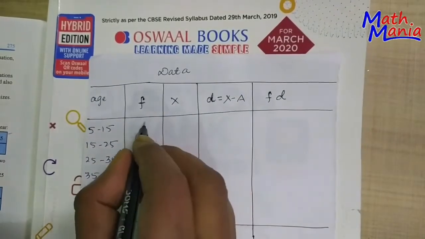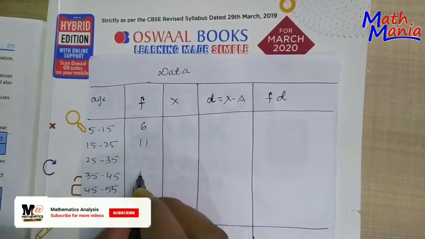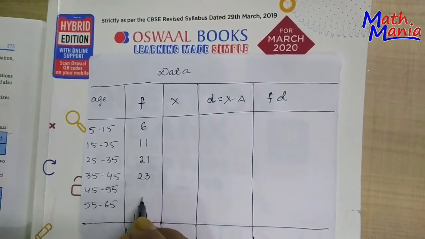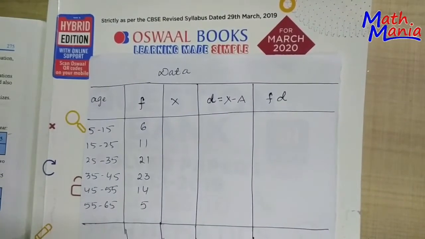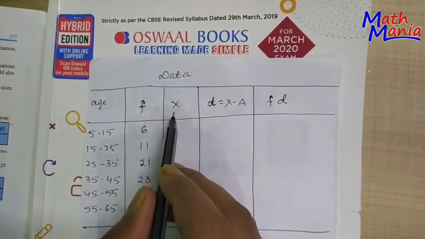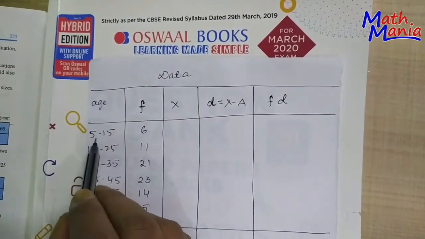Means the range of ages is given. Then their frequencies: 6, 11, 21, 23, 14 and 5.